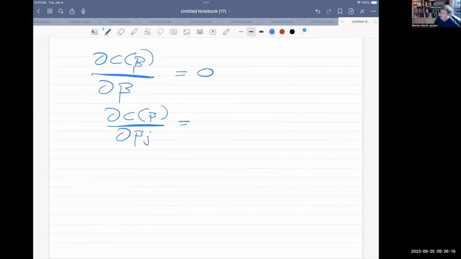If we now rewrite the equations, we would have 1 divided by n, and then d/d beta_j.